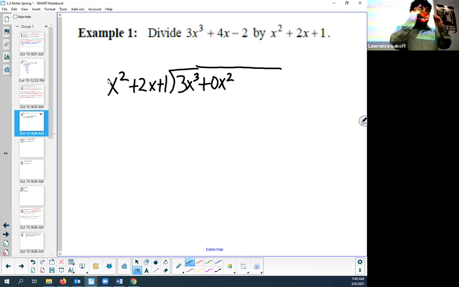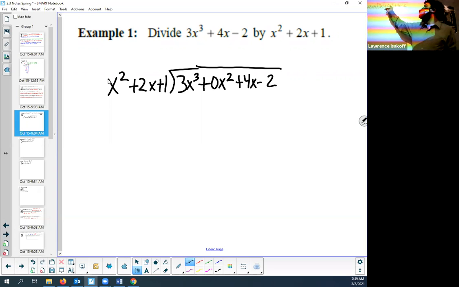Because there's no x squared term, I'm calling it 0x squared. So that 0 placeholder is going to be there. Think of it like if I had a number like 105. You wouldn't skip the 0 in writing 105. We don't want to skip the x squared on this.